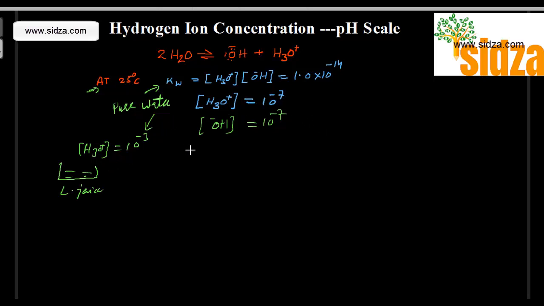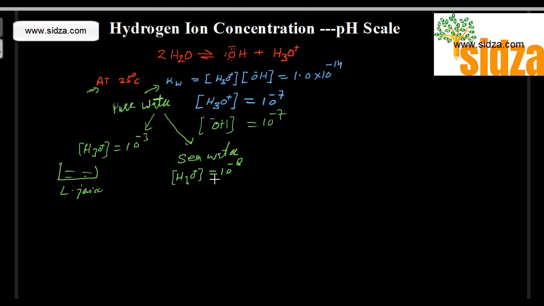And if you take another example, let's take seawater. Seawater has a hydronium concentration of about 10^-8. Again, if you compare it with water, you can see that it has a lower concentration of hydronium ions.